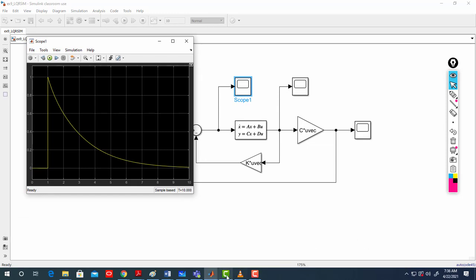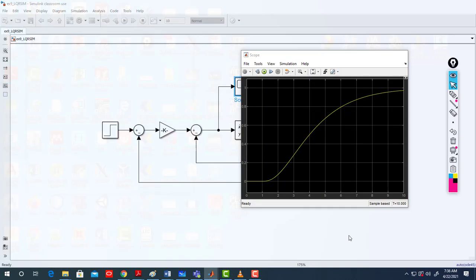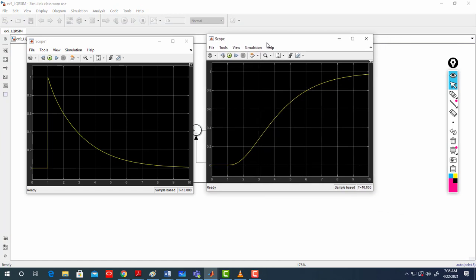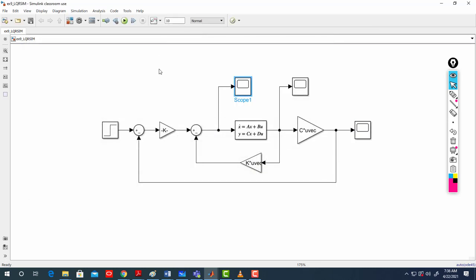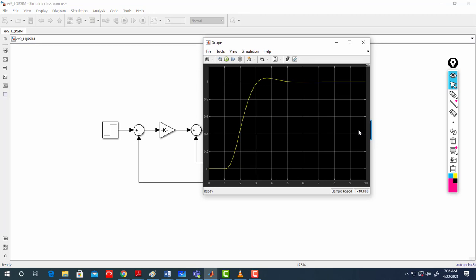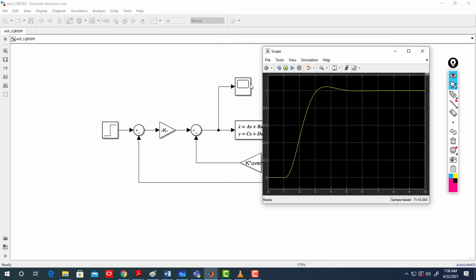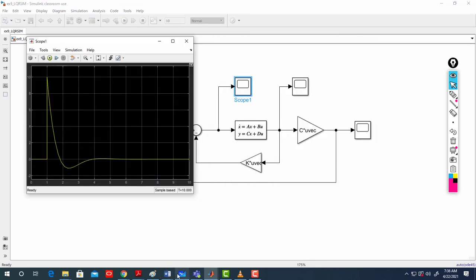All right. So now I will consider running it for Q equal 100 and look at how the system looks now, and how your control effort looks.